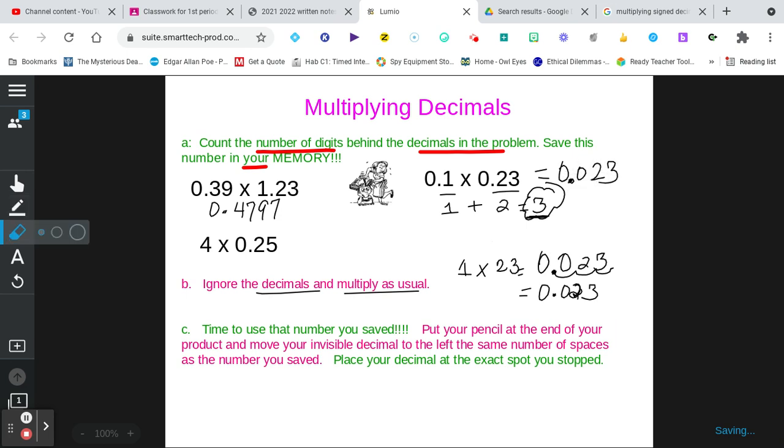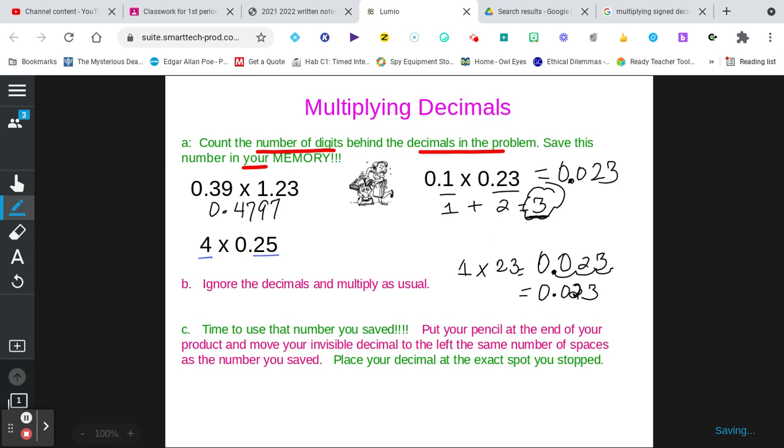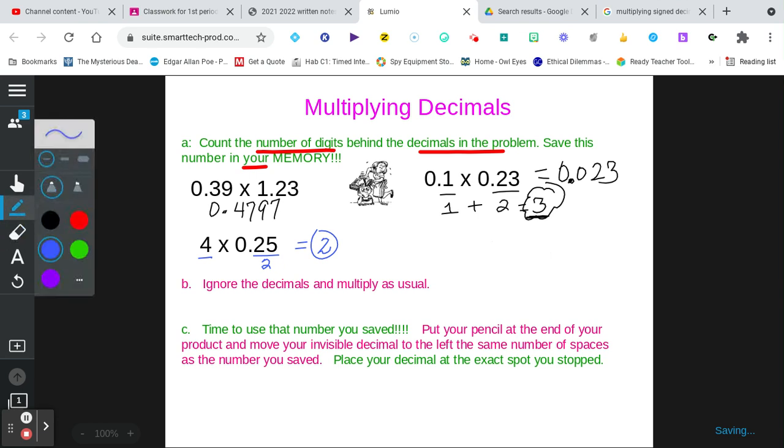And then, of course, let's look at one more, guys, and make sure you're taking notes. Looking at this one, there is no decimal here, and there are 2 numbers behind the decimal here. So I'm going to commit the number 2 to memory, and multiply as if I don't see the decimal.